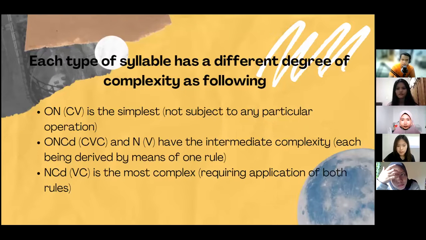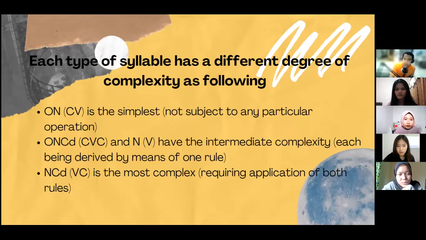Each type of syllable has a different degree of complexity as follows. Onset, open syllable is the simplest, not subject to any particular operation. On coda, closed syllable and nucleus vowel have intermediate complexity, each being derived by means of one rule.